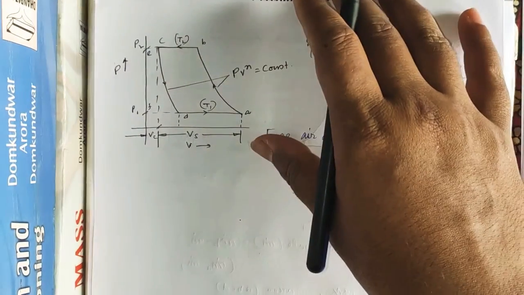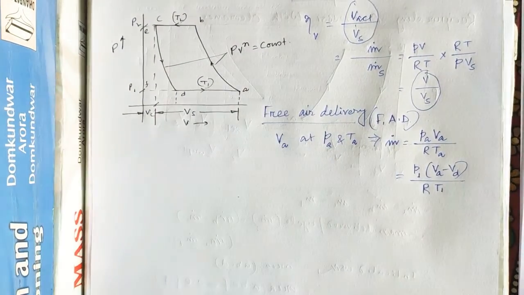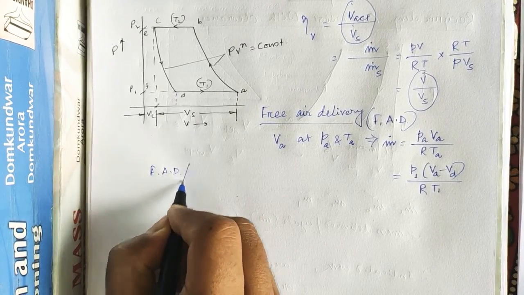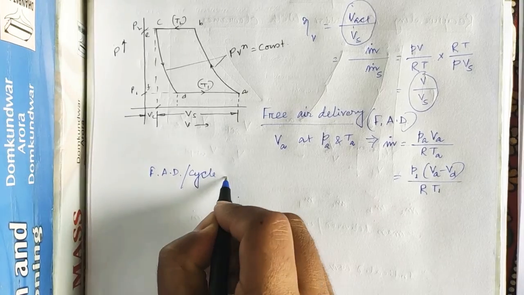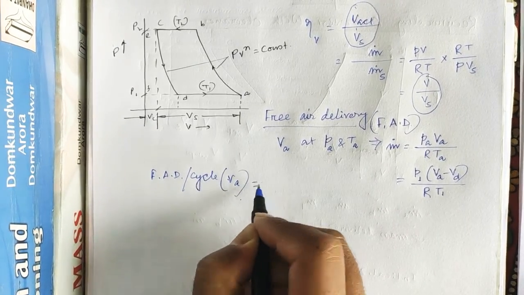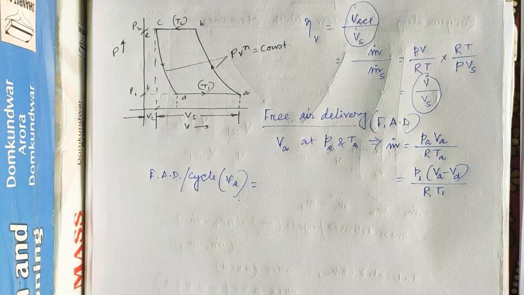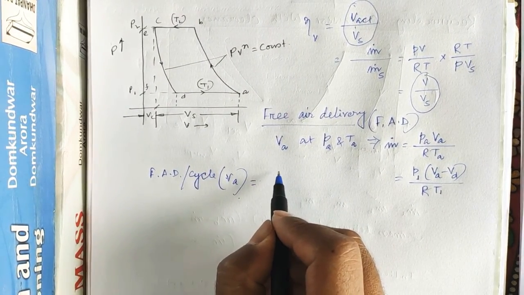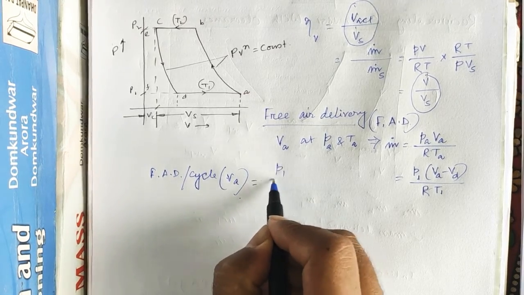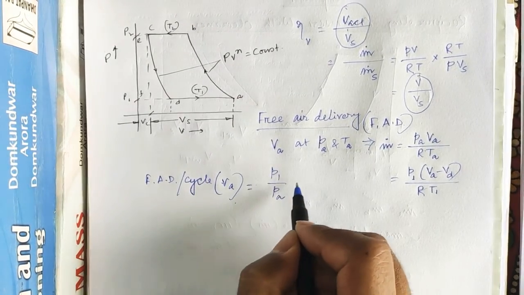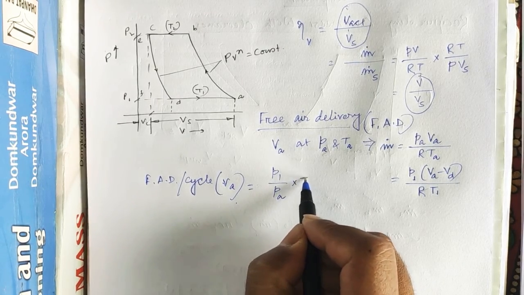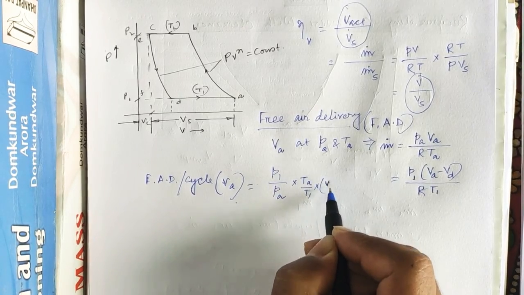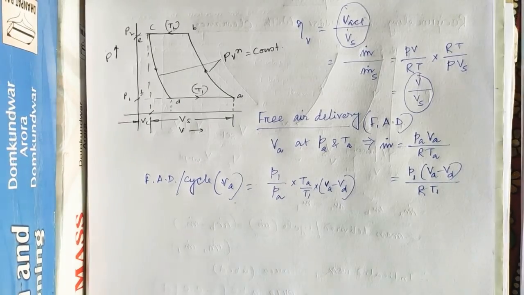Now with respect to this free air delivery concept, we can calculate. So FAD per cycle, that is VA, equal to, if we cancel this R, P1 by PA into TA by T1 into VA minus VD.